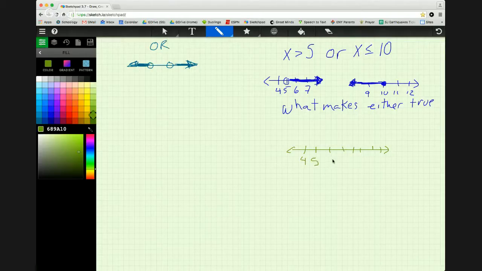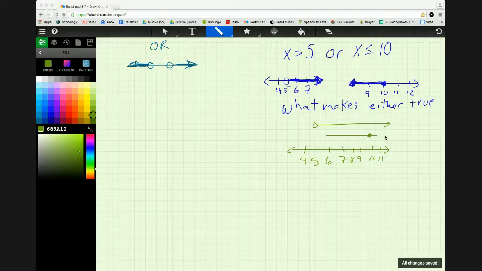And we're going to remind ourselves of this graph, and this graph.